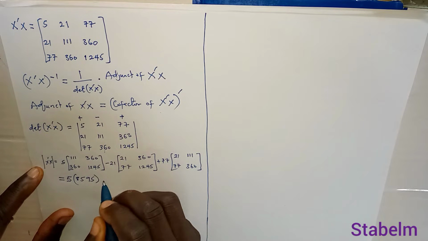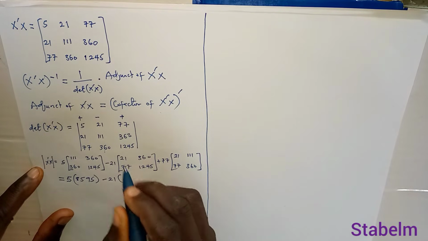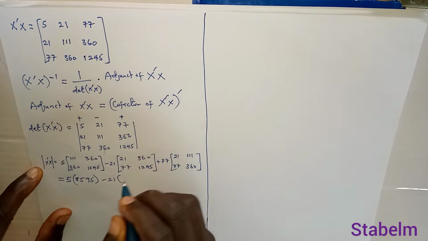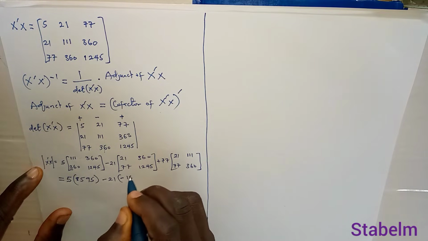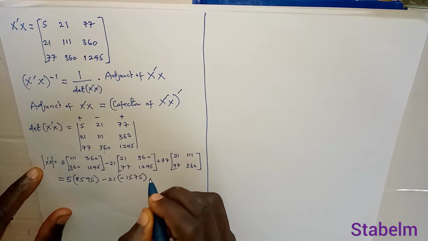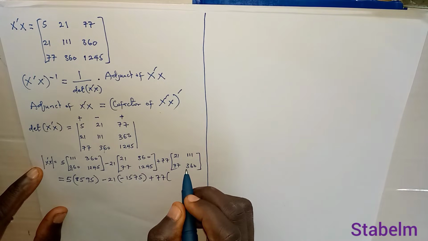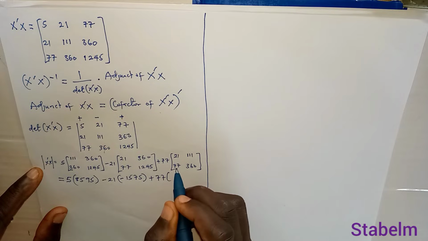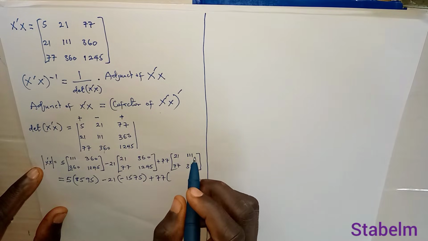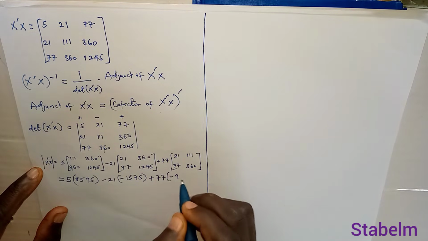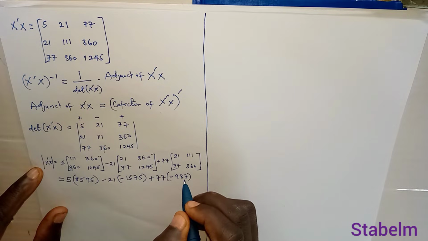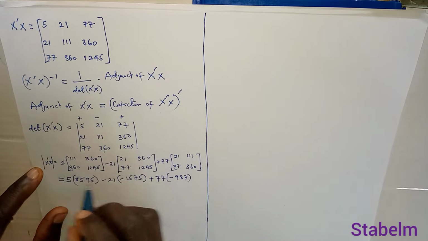This will give you 8595, minus 21. We're going to do the same thing here, and this is going to give us minus 1575, plus 77 times 21 multiplied by 360 minus 77 multiplied by 111, and that will give us minus 987. All right, so open this bracket.